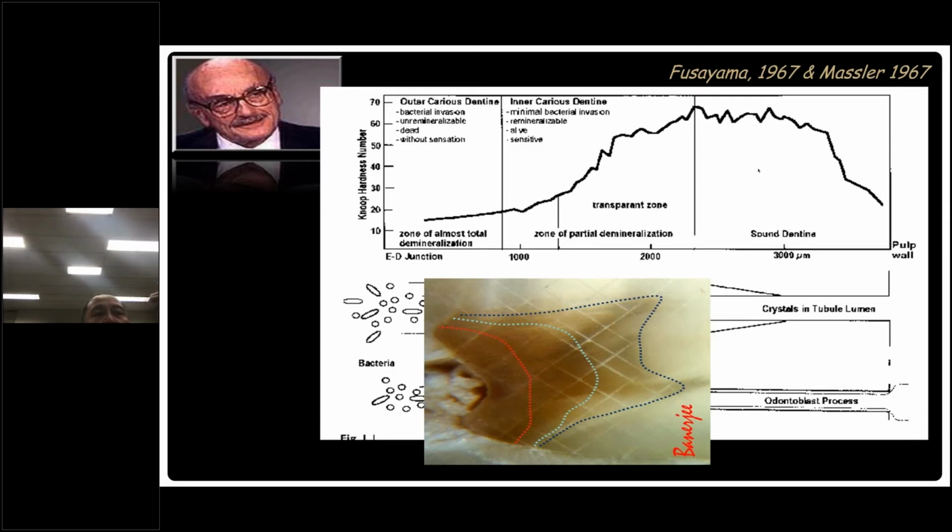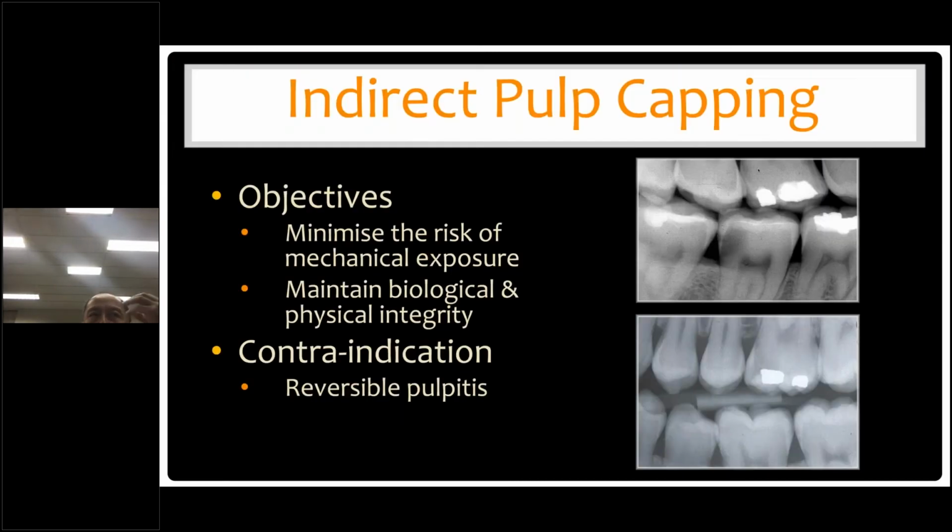And that led to a lot of clinicians over-removing because they're not sure whether they have removed the infected zone or not. Moving forward, I want to not talk about infected, affected anymore. I want to basically say you do your case selection like shown on the screen: reversible pulpitis. You're not talking about irreversible pulpitis.